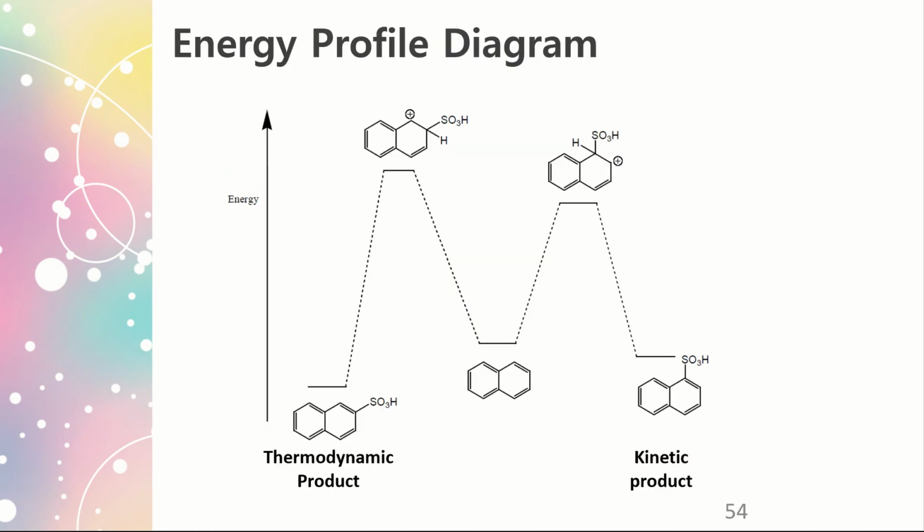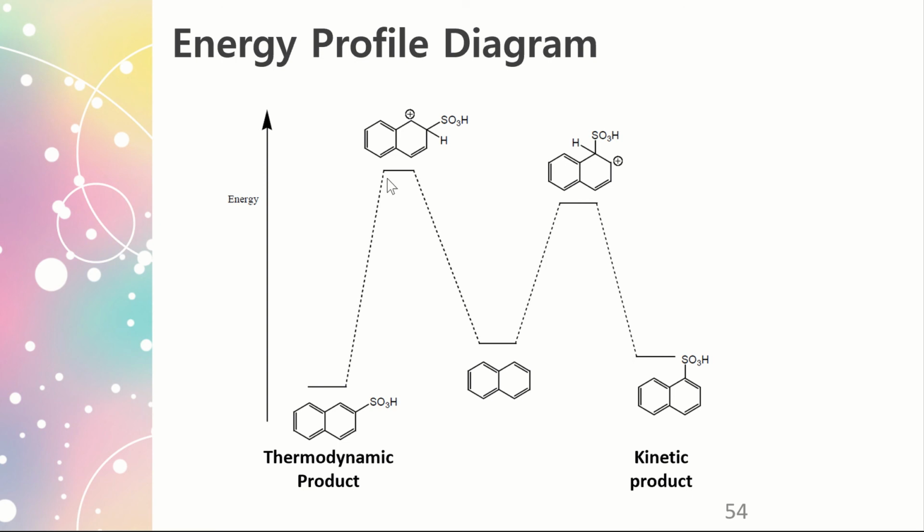So just to go back to the energy profile diagram, just in case you might be a little bit confused, for the final product, this product is more stable than this. For the areneum ion, for the kinetic product, this areneum ion is more stable than this one.